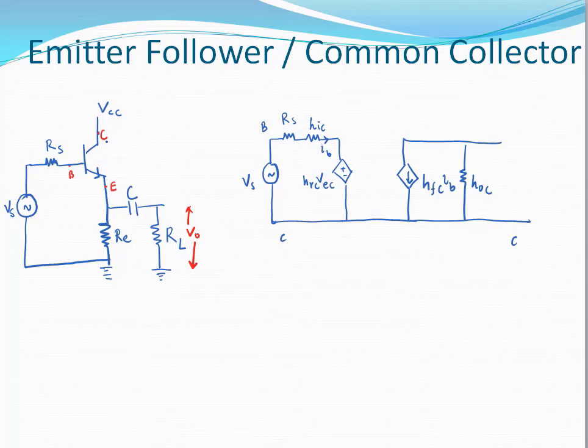If you do the AC analysis, then this capacitor will act as a short circuit, and output we will take across RL dash, that is RE parallel with RL, and this RL dash is in parallel with HOC.